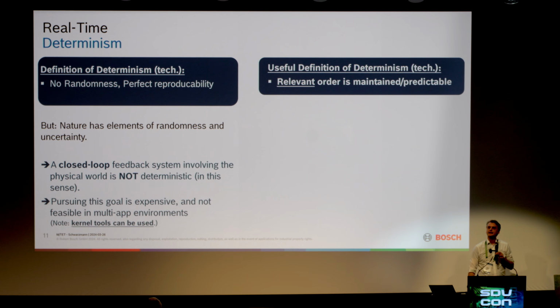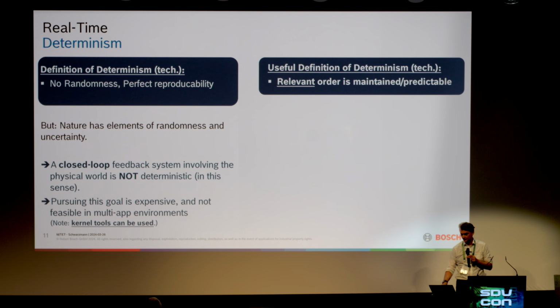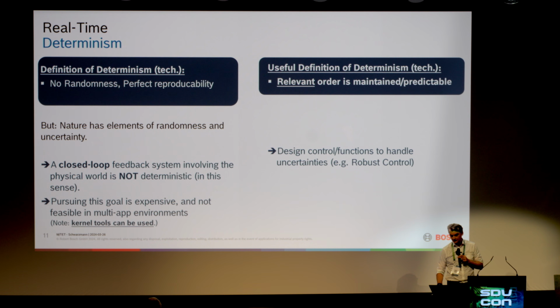Relevant order is maintained. Yes, you need to adhere to the timing constraints, of course, but order is maintained, one coming after the other. That's enough for determinism. This means now you can design your functions, your controllers, for real time.